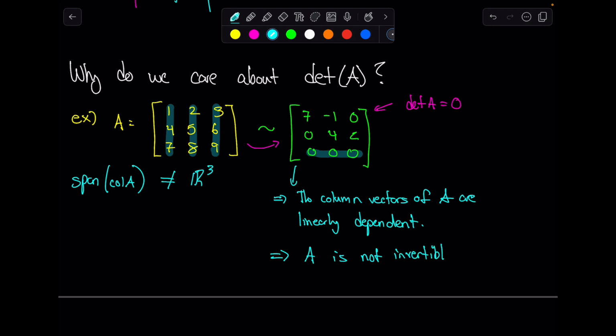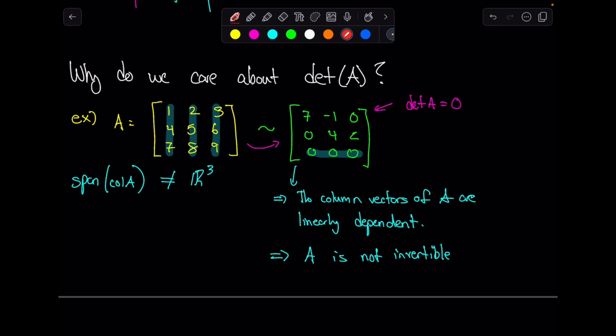There's no inverse. We can't come up with it. That gives us things like the transformation might not be 1-to-1. It's definitely not onto, because if it was onto, it would cover all of R3. So this is a very quick shortcut to figuring out whether or not the columns of your matrix are linearly dependent or independent, and whether or not an inverse of this matrix exists.